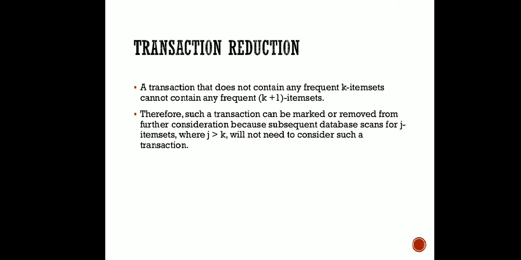Now if we add one more item, ABCD, definitely we are not going to find that item because ABC is not existing. So whatever more items we add to that frequent pattern, definitely we are not going to find it, right? So therefore such a transaction can be marked or removed from further consideration, because subsequent database scans for j item sets where j is greater than k will not need to consider such a transaction.